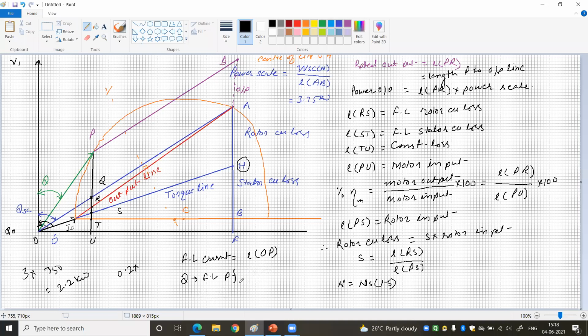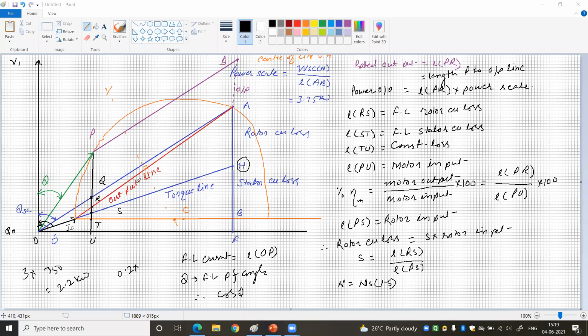So by this way, we can calculate all parameters related to the three-phase induction motor only from the no load test and block rotor test. In this way, any type of data can be used for this, definitely the no load test and block rotor test.